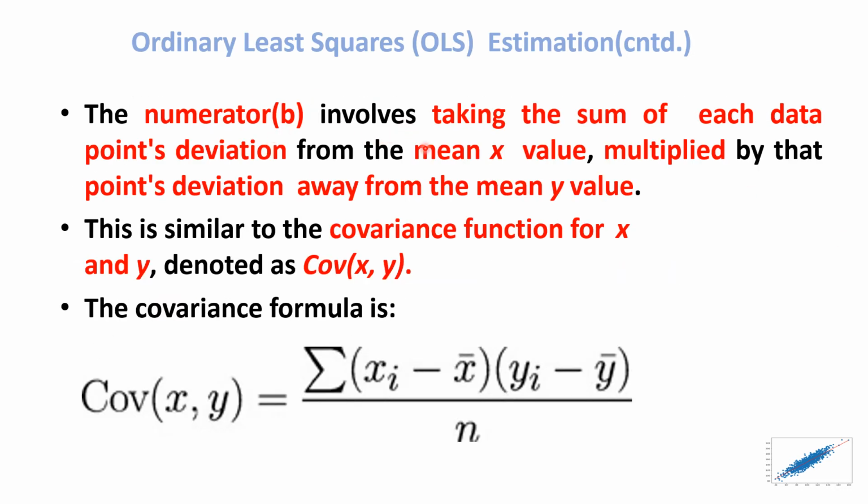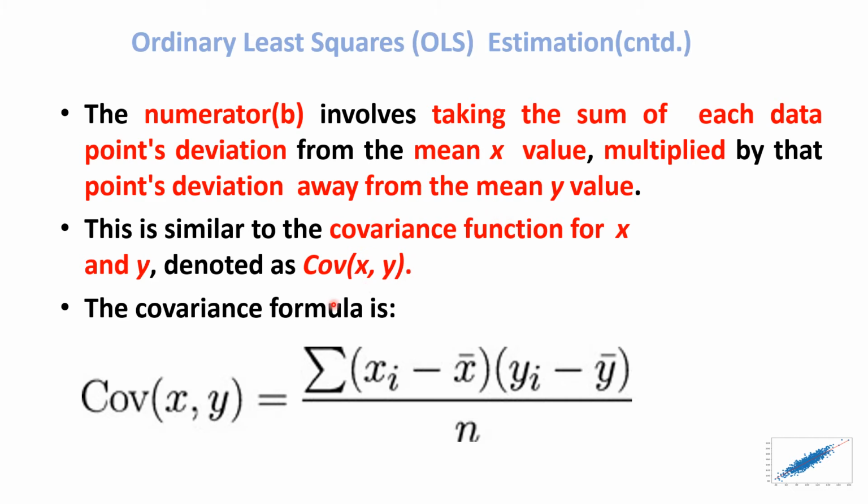The numerator of B involves taking the sum of each data point's deviation from the mean x value multiplied by that point's deviation from the mean y value. So this is similar to the covariance function for x and y. The numerator is similar to the covariance of x and y, and the denominator is similar to the variance of x.